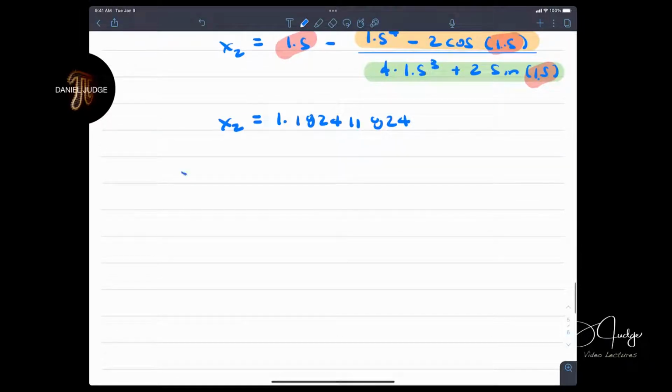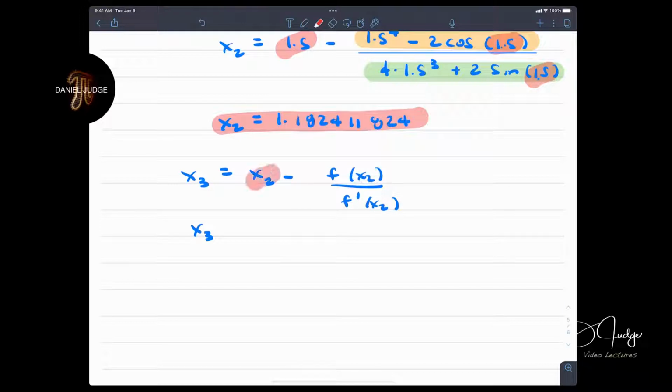Okay, we're going to need x3. So x3 will be x2 minus f of x2 over f prime of x2. And now we use x2 as an input in Newton's method.